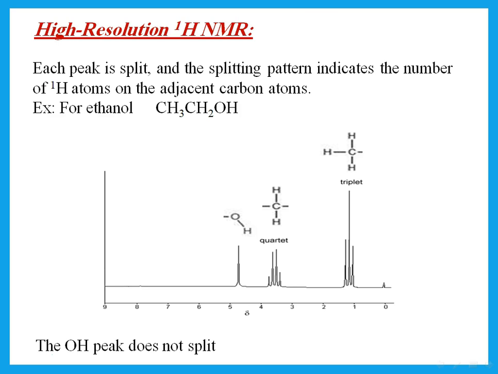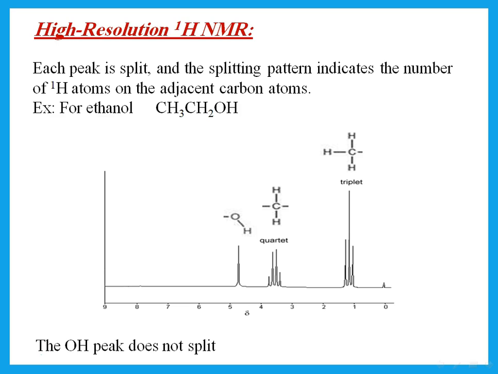So we had a peak in that area. But then what is the next carbon attached to? The next carbon next to the CH3 is a CH2, so the carbon next to it has 2 hydrogens. It will be split into 3. So the peak for the CH3 is a triplet. Why? Because the next carbon has 2 hydrogens.